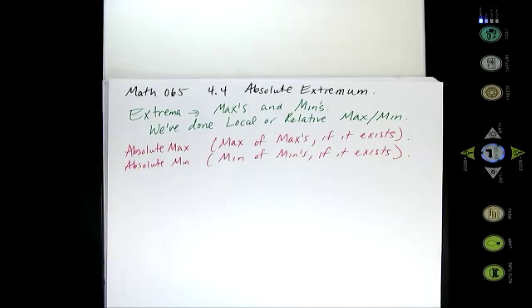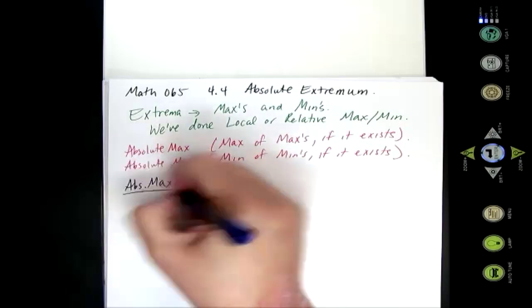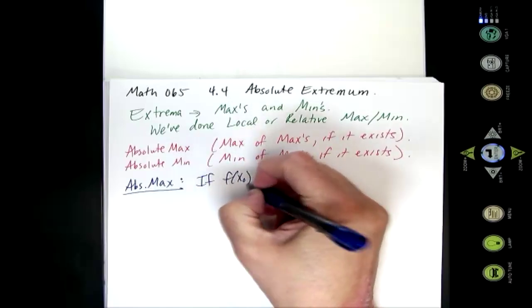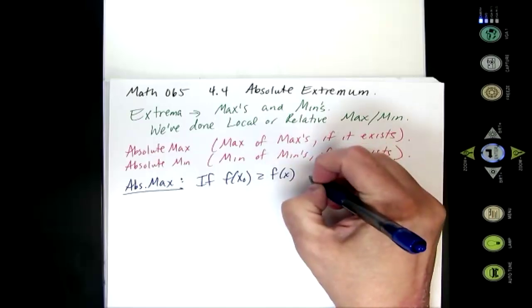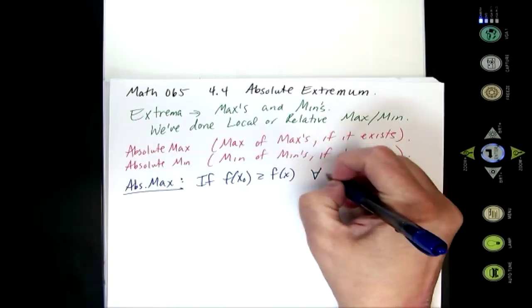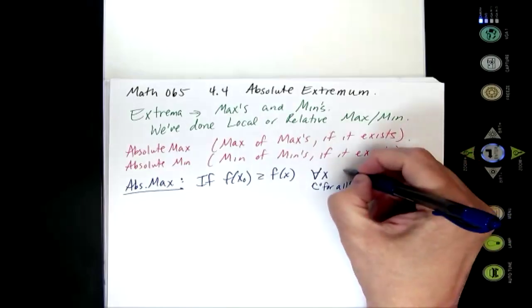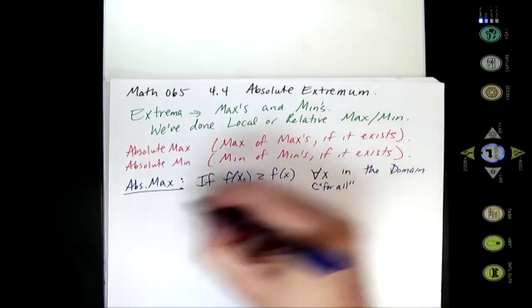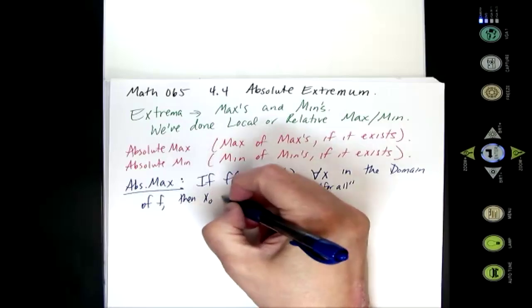The nice fancy jargon they use for absolute max, if you want the math jargon for it: if f of x naught is greater than or equal to all f of x for all x, that's the symbol for all x in the domain of f, then x naught is an absolute max.